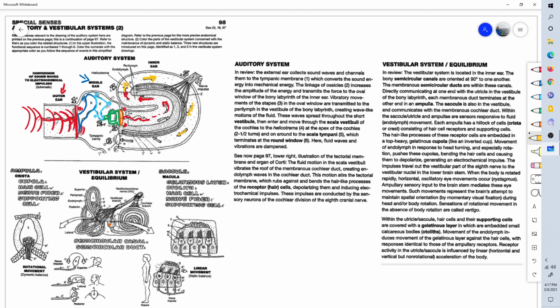All the while you can see these vibrations being transmitted into where? Into the cochlear duct as they travel through the scala tympani.